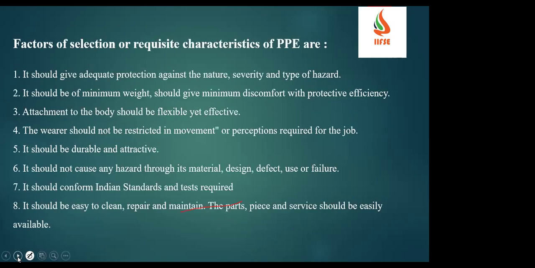Now we'll see what are the factors of selection, or the requisite characteristics. What are the selection factors? While selecting a PPE, what are the parameters you should check? Okay. Number one, it should give adequate protection against the nature, severity, and also type of the hazard.